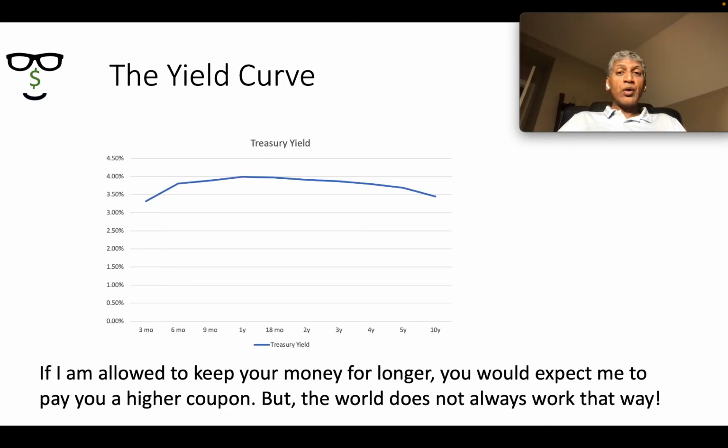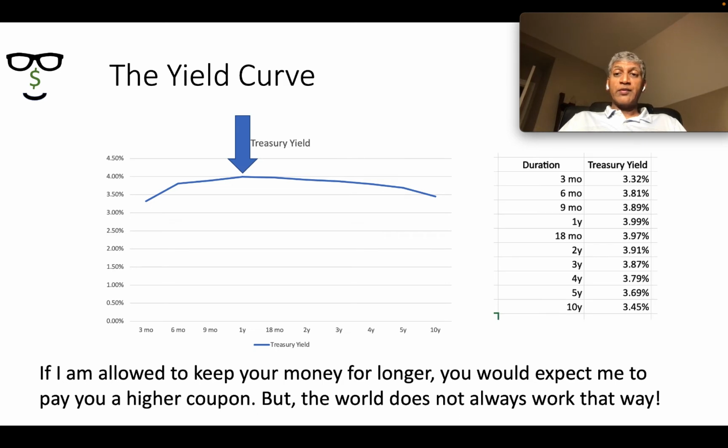Except we saw that for treasuries, the yield curve inverts at about 18 months. So after you go past the 18-month period, strange but true, you actually get a lower yield with the treasuries than otherwise. And so that in effect is the yield curve, understanding how yield varies with duration. Keep that in your background.